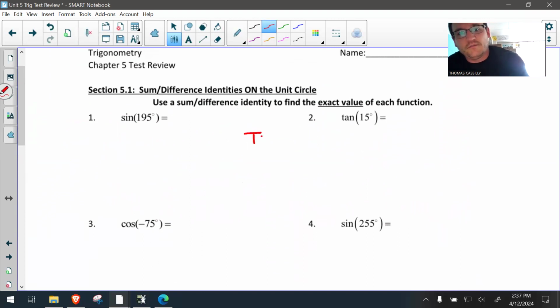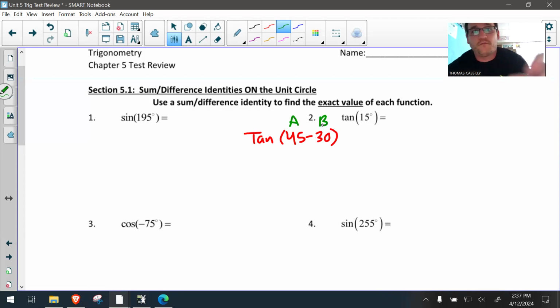So the tangent of 15, instead of saying 15, I'm just going to do 45 and 30. How about this? 45 minus 30. All right, here's angle A. Here is angle B. So the difference formula here for the tangent, let's see if I can do this all in one go.